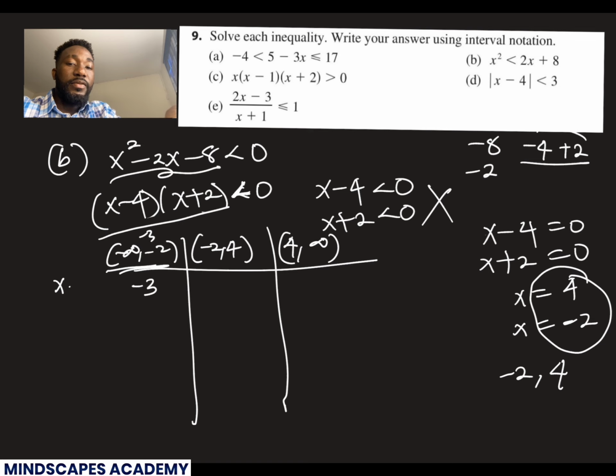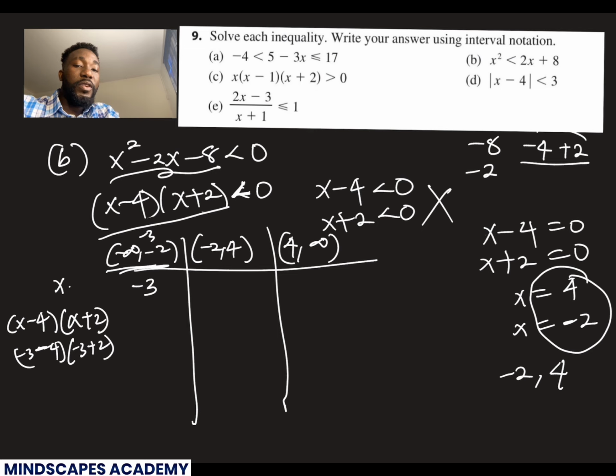Now let me see what is happening with x -4 and x +2. If I plug in -3, that is -3 -4 and -3 +2. -3 -4 is -7. -3 +2 is -1. If I multiply this, I get +7.